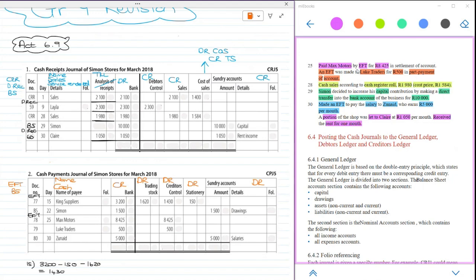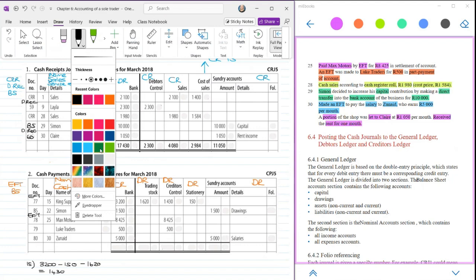Okay, so in the CRJ, we add up all the amounts in my bank column. So my total, debtors, 2,300, sales, cost of sales the same, and then my sundry account, 11,050. Okay. When we get totals, remember, we always indicate in accounting that your debit side is always equal to your credit side.